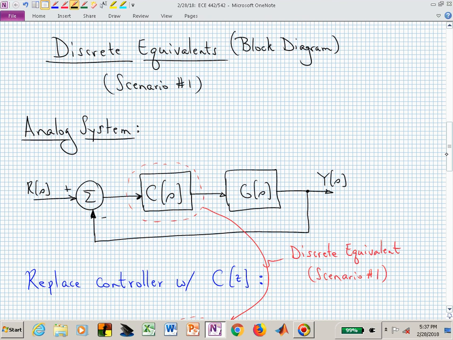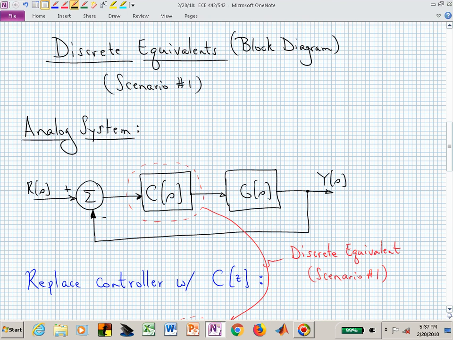Here's what we're doing in terms of a block diagram. We're now focusing on scenario number 1 in our discrete equivalent. If we have this analog block diagram where we have an analog controller, capital C of s, which if you've had 441, maybe you've seen a particular controller.